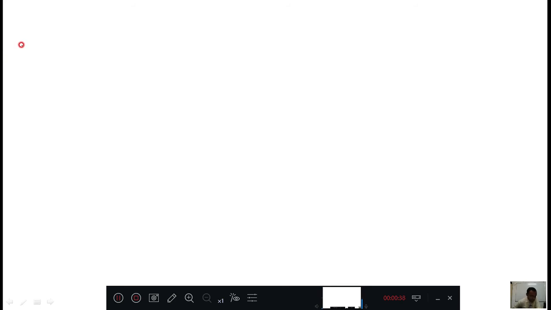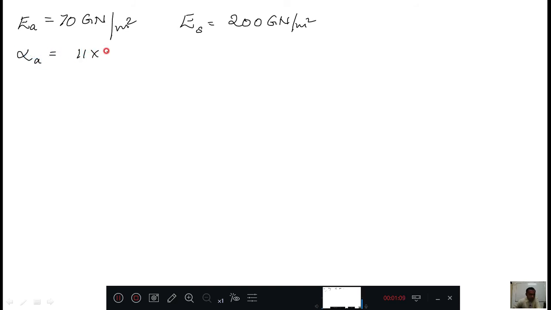Take Young's modulus of aluminum as 70 giganewton per meter square and Young's modulus of steel as 200 giganewton per meter square, and they have also given alpha of aluminum as 11 into 10 raised to minus 6 per degree centigrade, and alpha of steel as 12 into 10 raised to minus 6 per degree centigrade.